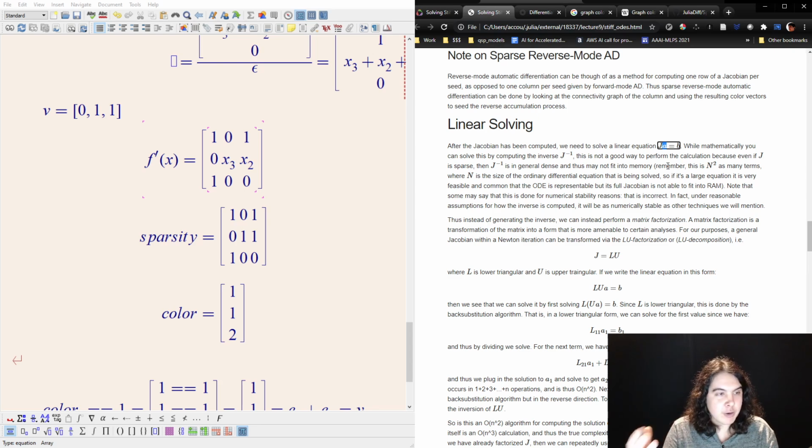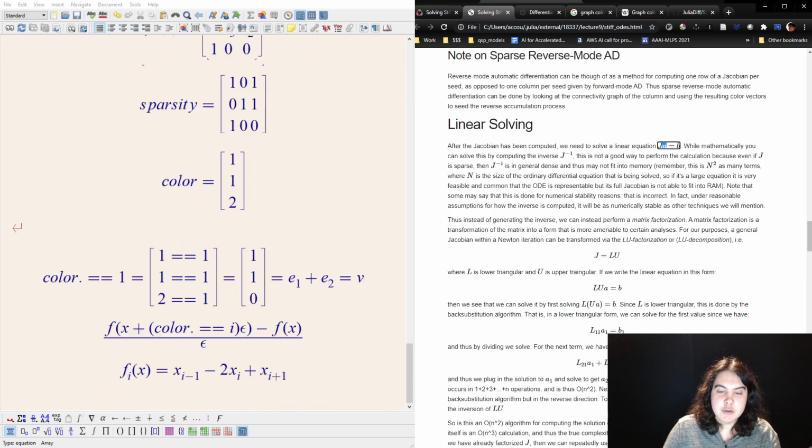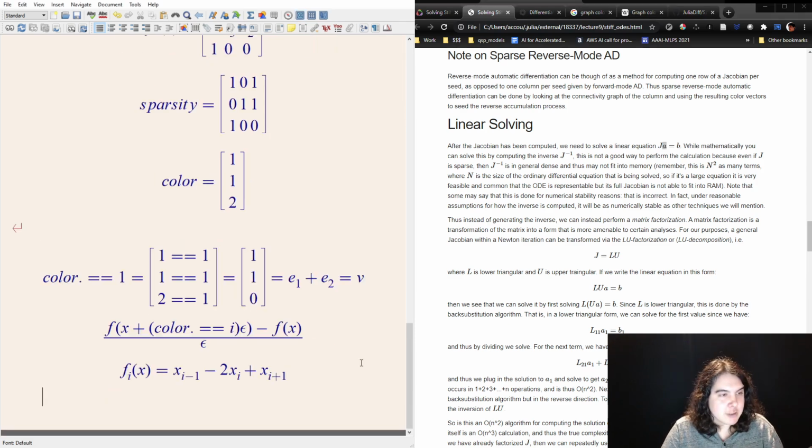When people work on numerical linear algebra, they're talking about matrix multiplication, factorizations, and eigenvalue problems. But these factorizations are very in depth in the way that they work. So I'm not going to give the full information on factorizations, but essentially what you do here is Gaussian elimination.